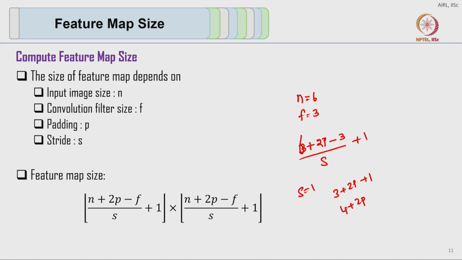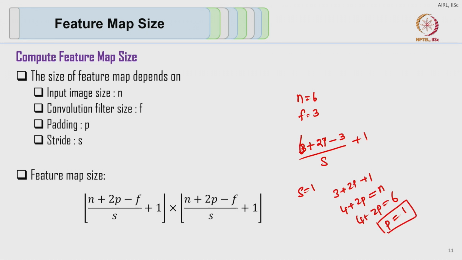It is the same as that of the input image. It should be equal to n. What is n here? 6. So 4 plus 2p equals 6. From there we can identify that I need to do a padding of 1.